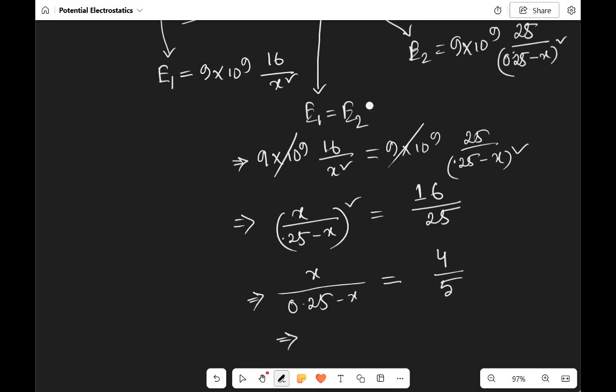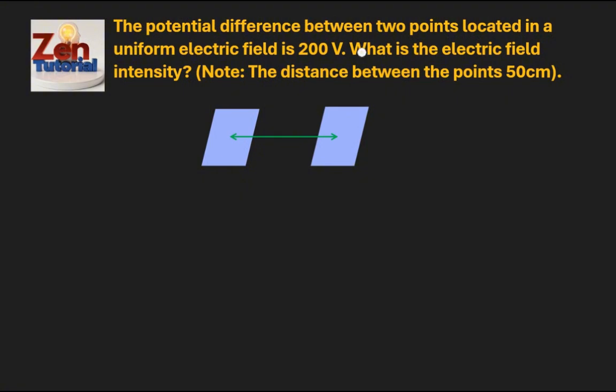So by using a calculator, we have a result of x equal to 0.11.